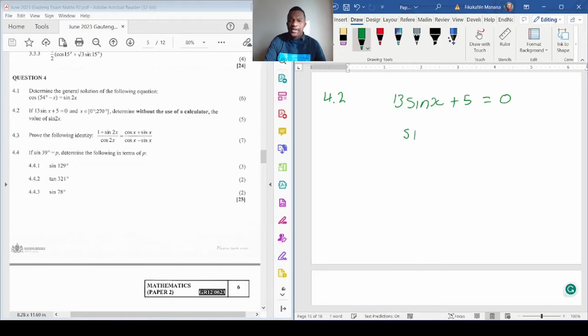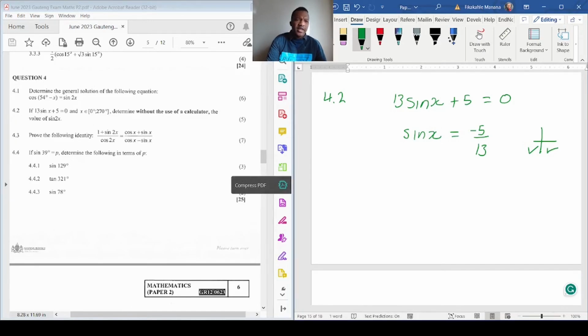So sine x is therefore equal to, if I do the gymnastics, I take this 5 to the other side, it becomes minus 5 divided by 13. Now, to draw this triangle, I need to determine where sine x is negative. It's negative in this quadrant and that quadrant.